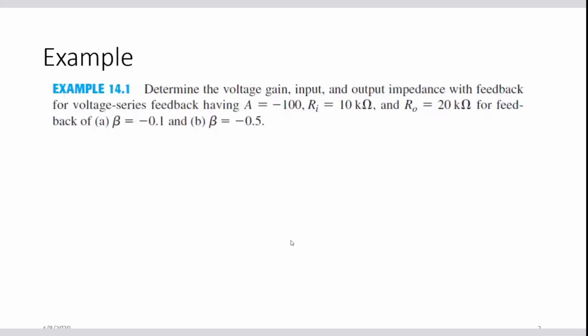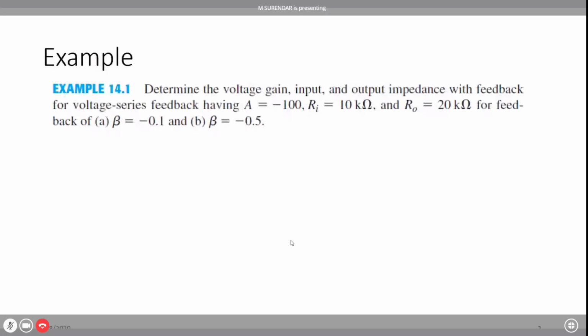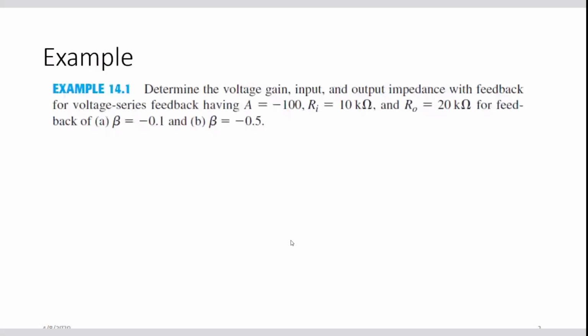That is, you are taking very less, I mean 10% of your output. And what happens if you are feeding back 50% of your output to the input? So that is the question actually.